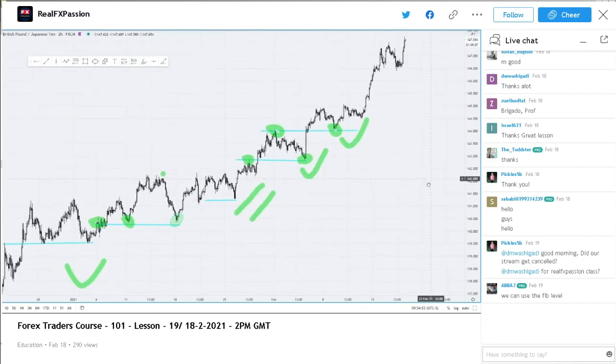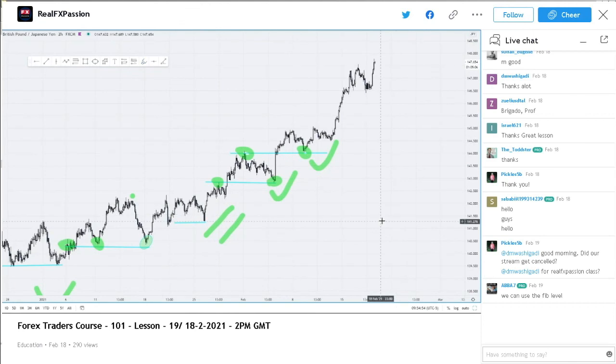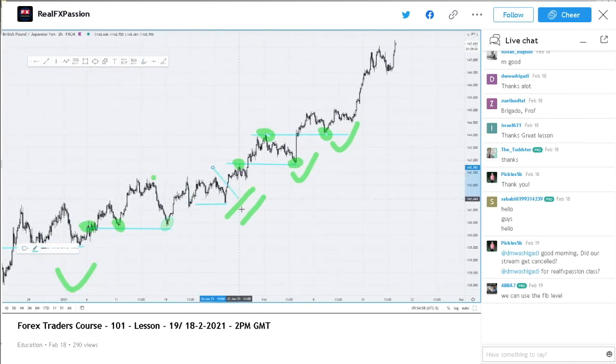Okay. Now, when it breaks the counter trend line, like in here, right? This is the question. When the market breaks this counter trend line here, and we don't have past support, should we enter or not into the market? And we are going to learn in the future lessons, everybody, more and more stuff. But so it's up to you, okay?